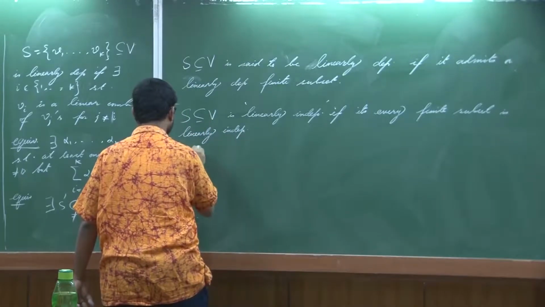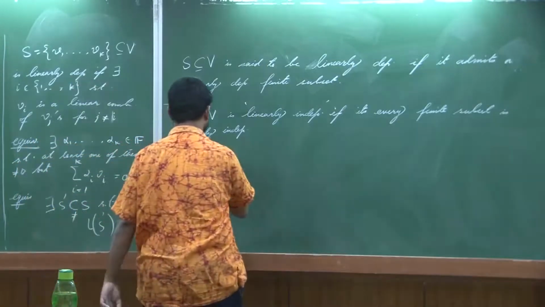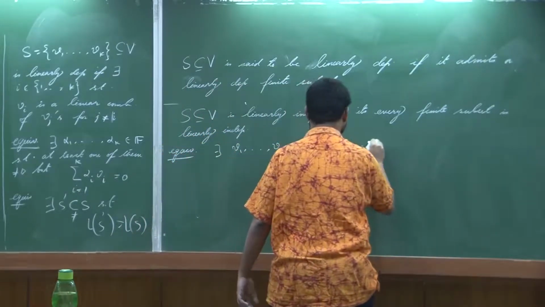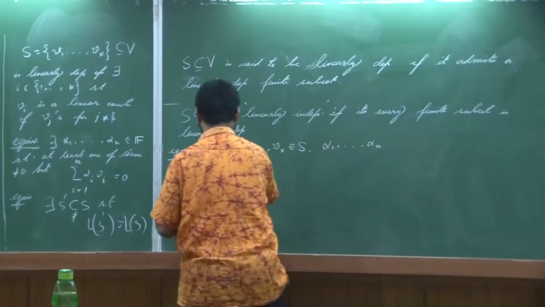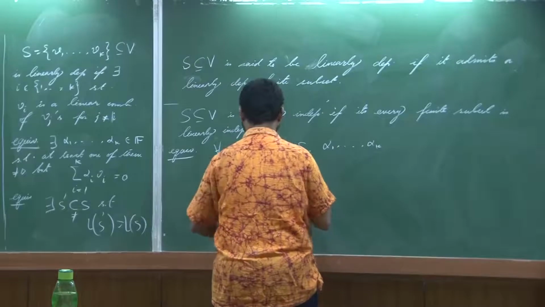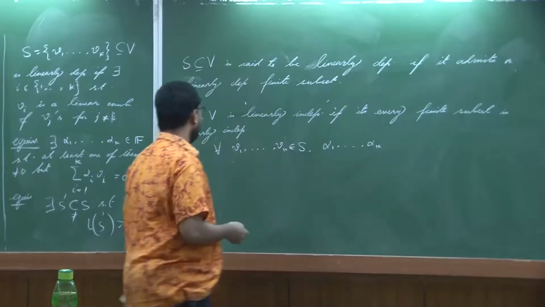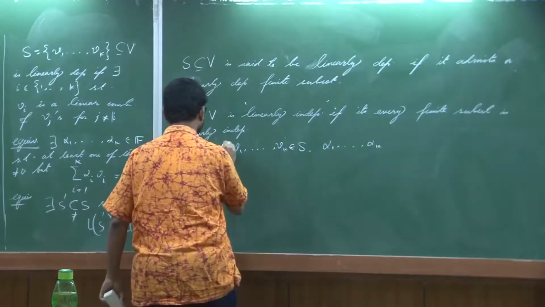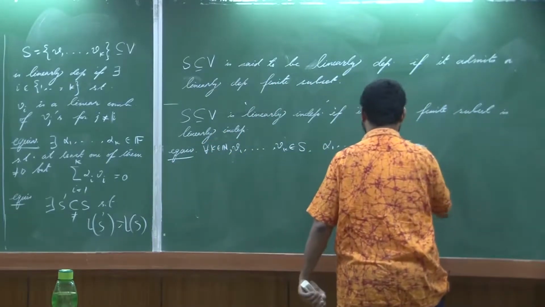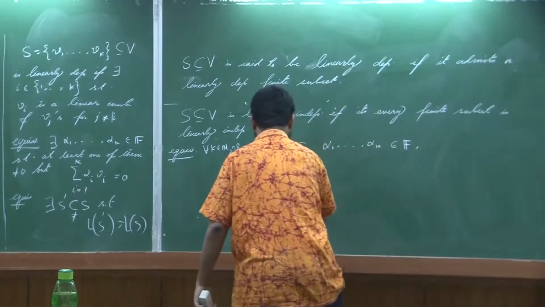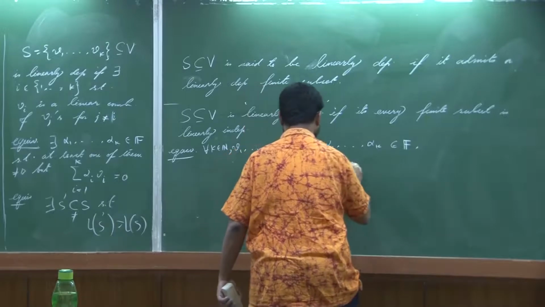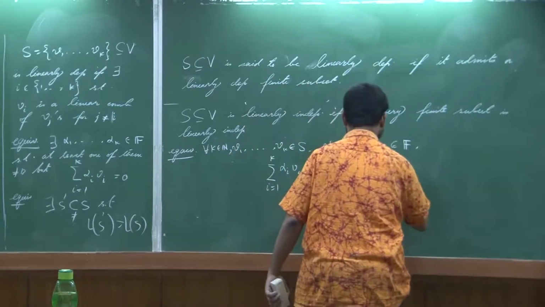Equivalently, for every k and every choice of k points from S and every choice of k scalars, the following happens: if the combination becomes 0, then each alpha i will be 0.